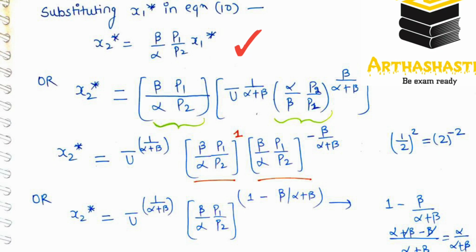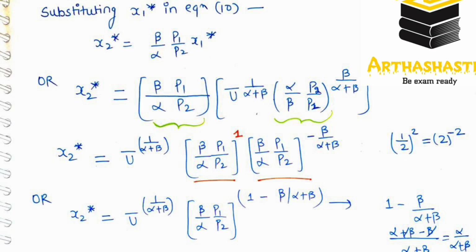Now as we can see, the term beta times p1 divided by alpha p2 is the reciprocal of the term in the bracket, alpha over beta p2 times p1. The terms beta times p1 over alpha times p2 and alpha times p2 divided by beta times p1 are reciprocals of each other, so we can take them out and add their powers so that we can simplify the expression.